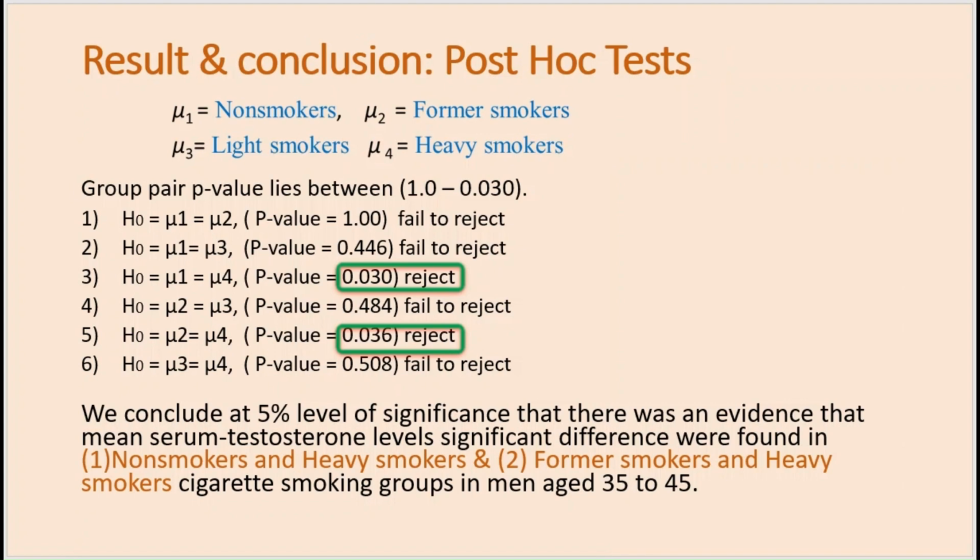We conclude at the 5% level of significance that there was evidence that mean serum testosterone level significantly differed between the non-smoker and heavy smoker groups, and the former smoker and heavy smoker groups, among cigarette smoking groups in the 35 to 45 years age group.